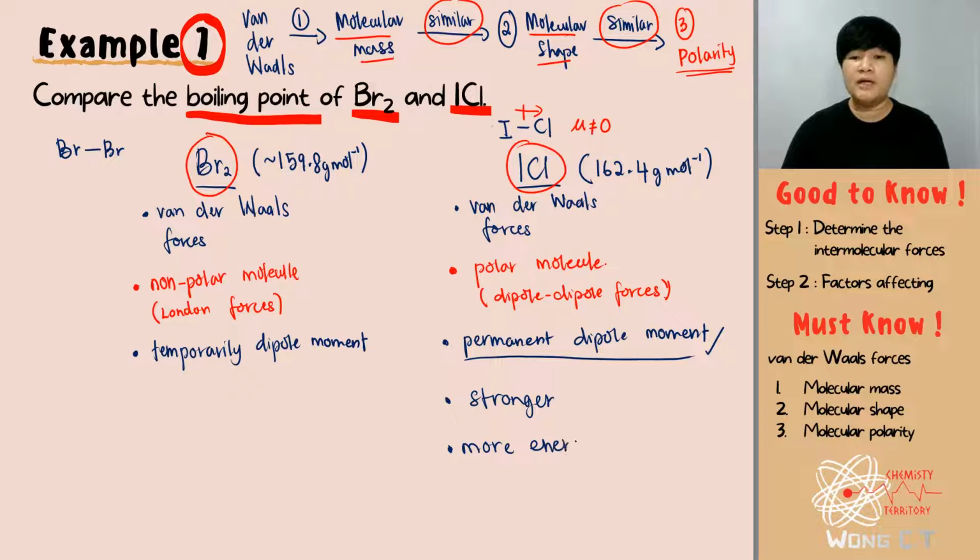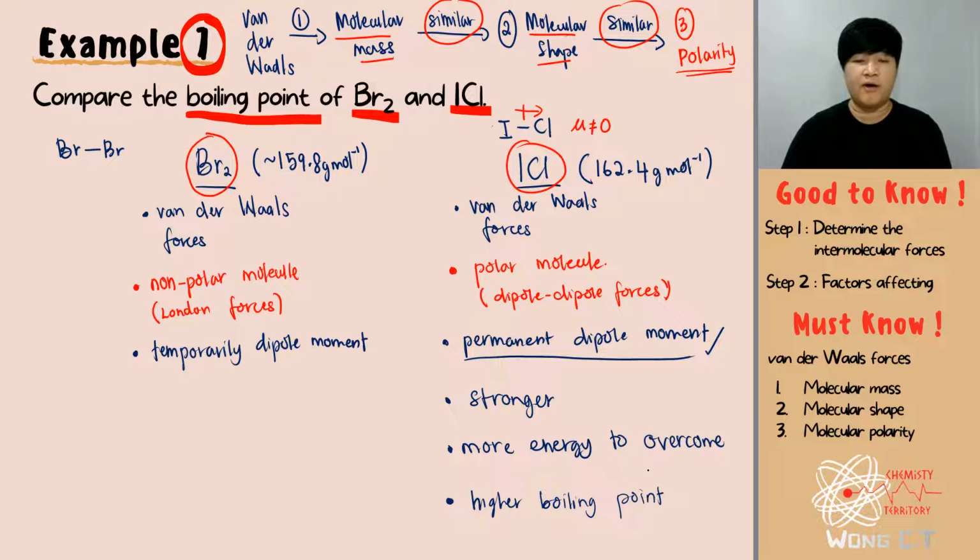And when more energy is needed to overcome the strong van der Waals forces, straight away guys, which one has the higher boiling point? Obviously, the one that has the permanent dipole moment, the one that will form stronger van der Waals forces. Therefore, over here, higher boiling point is for ICl.